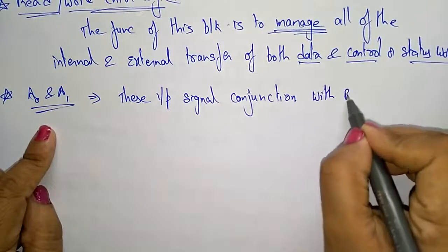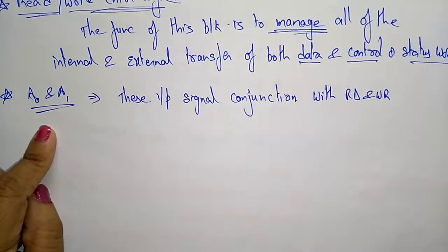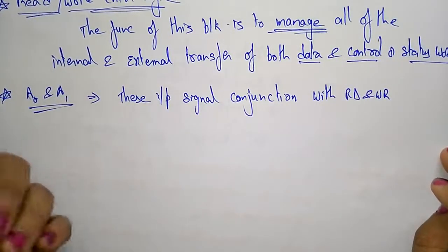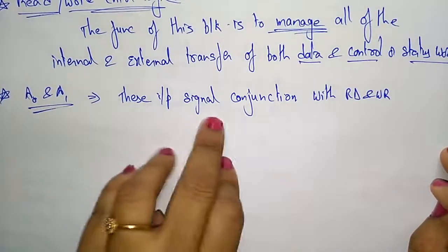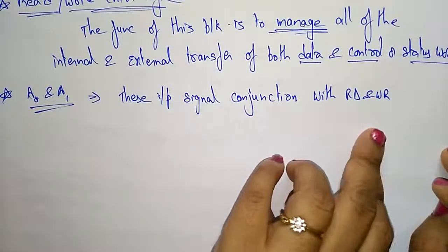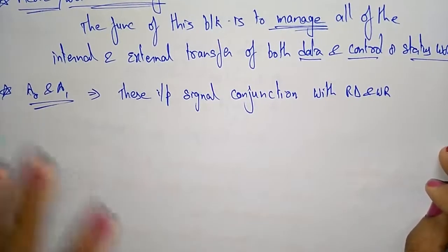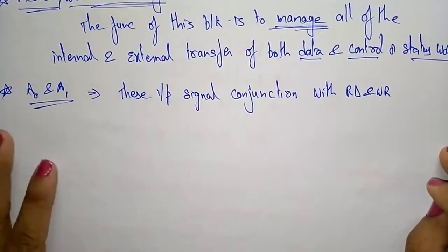So when to read, when to write, to which port we have to read and from which port we have to write, that will be decided by A0 and A1 based on the chip selection. This input signal in conjunction with the read and write inputs controls the selection of one of the three ports in this 8255. And they are normally connected to the least significant address bits A0 and A1.